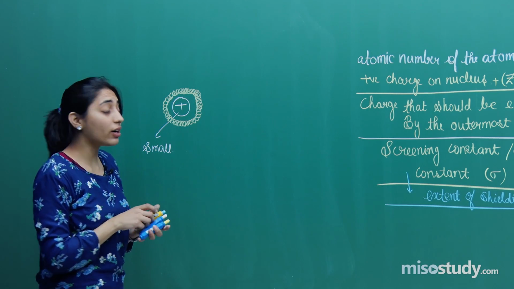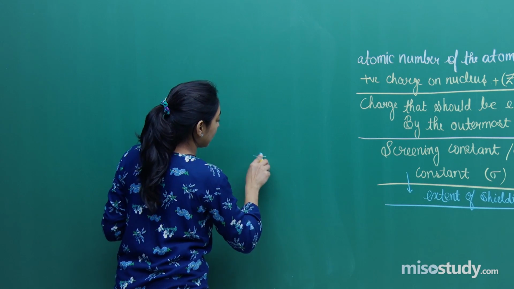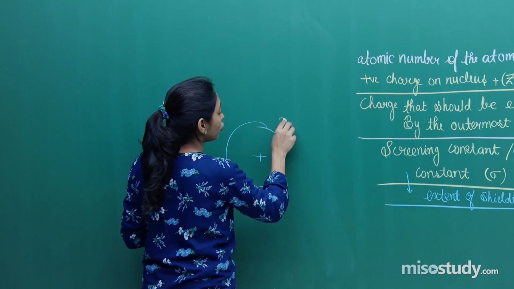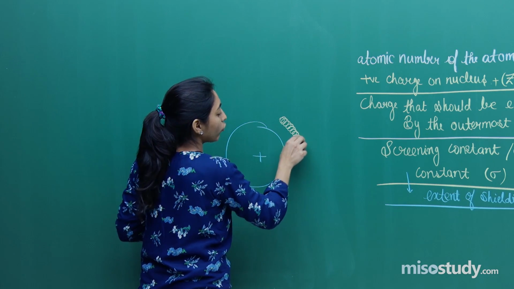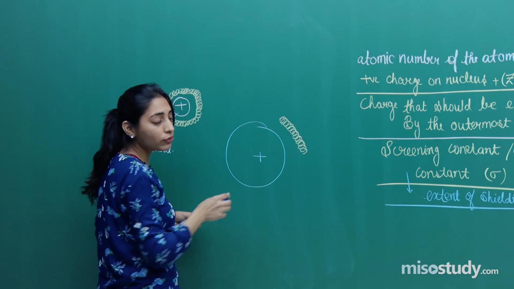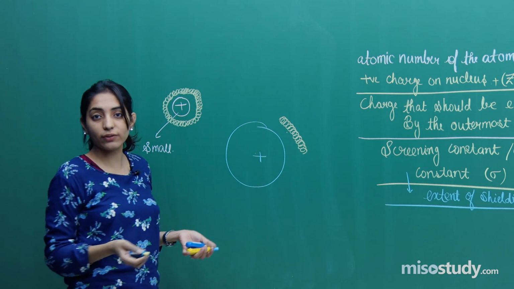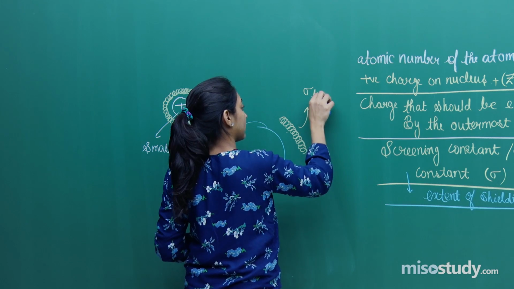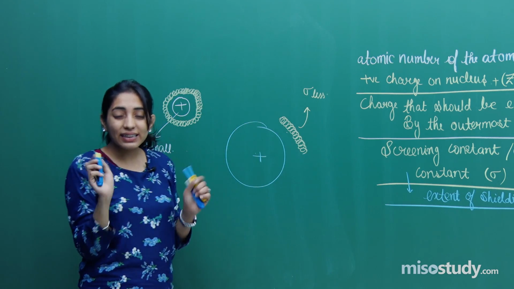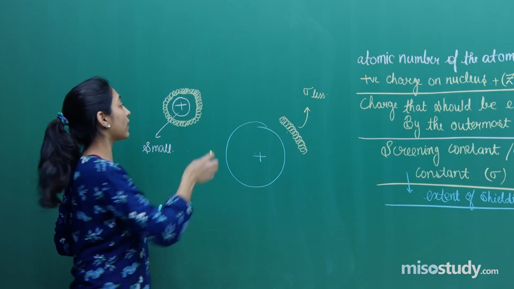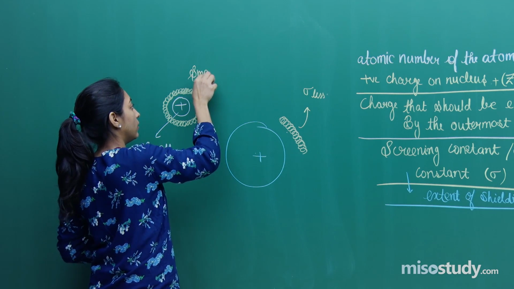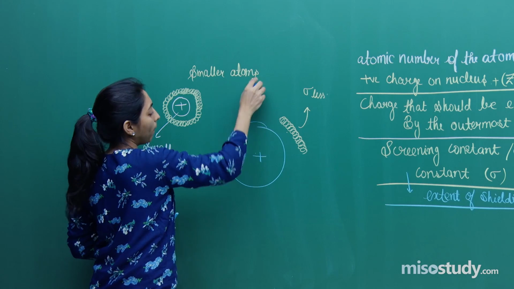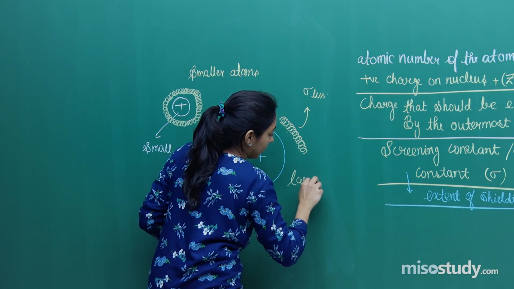However, if the nucleus were bulky, and I am trying to make a shield, then the electron density is not enough to shield the positive charge of the nucleus. So the sigma value of such electrons will be less. So this screening effect is basically helpful in the case of smaller atoms and not in the case of bulkier or larger atoms.